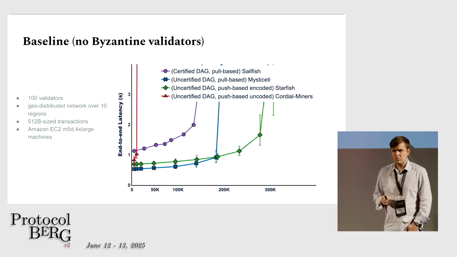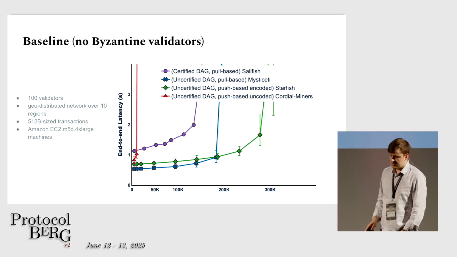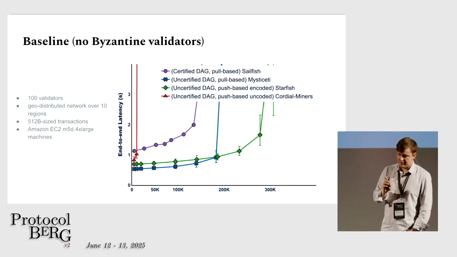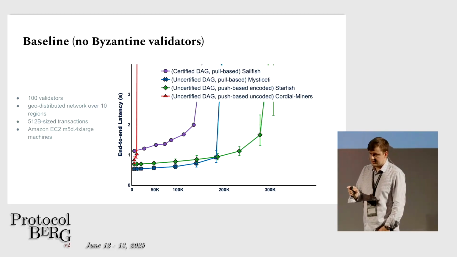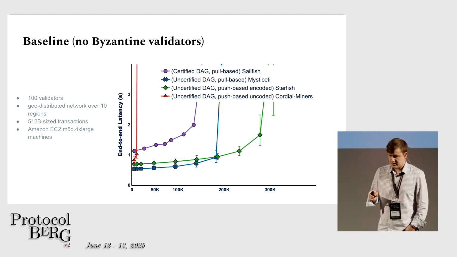Okay, let's go finally to the results that we have. Let's look first at this picture. Here we have a geo-distributed network with 100 validators, 10 regions, and half-kilobyte transactions.